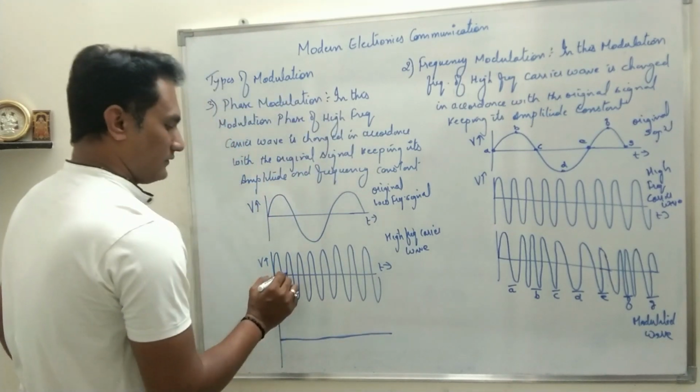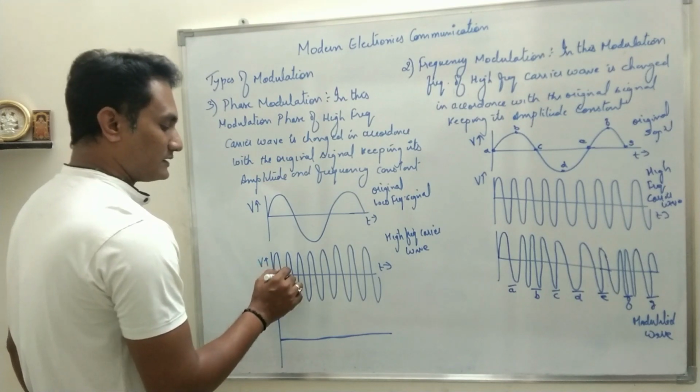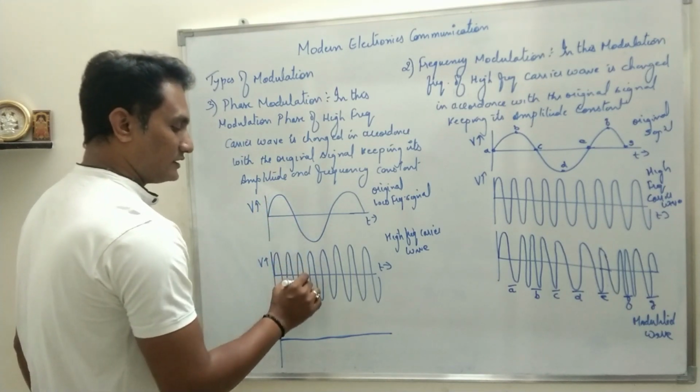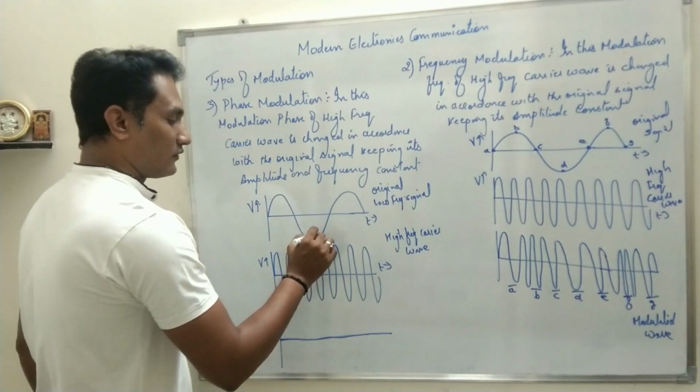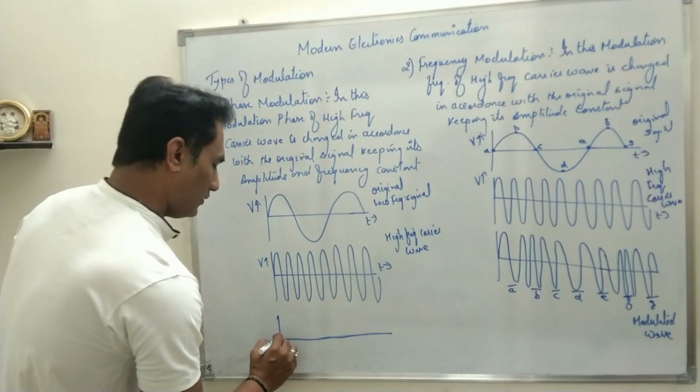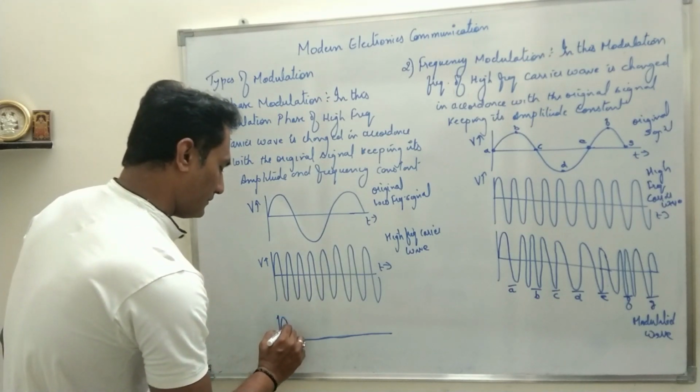We have to keep the amplitude and frequency constant, but when we go from positive to negative, the phase should lag, and when we go from negative to positive, the phase should lead. I will just let you know what exactly you mean by that.